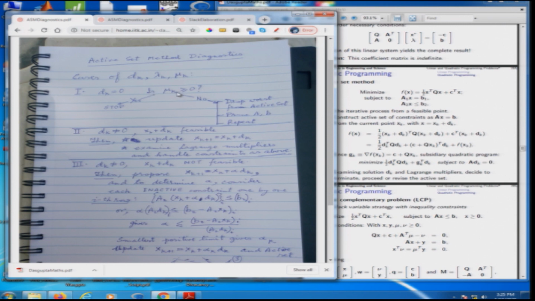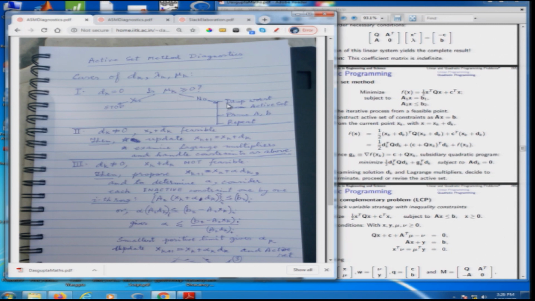So, this is what you examine. Are all the mu's non-negative? If yes, then you have satisfied all the KKT conditions, and that means this is a local minimum point. So, you stop.